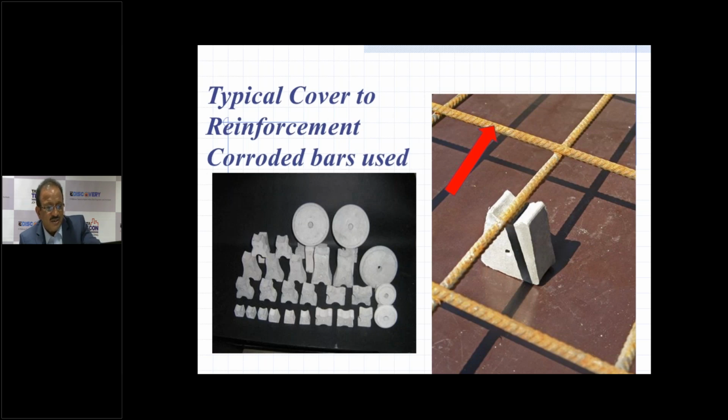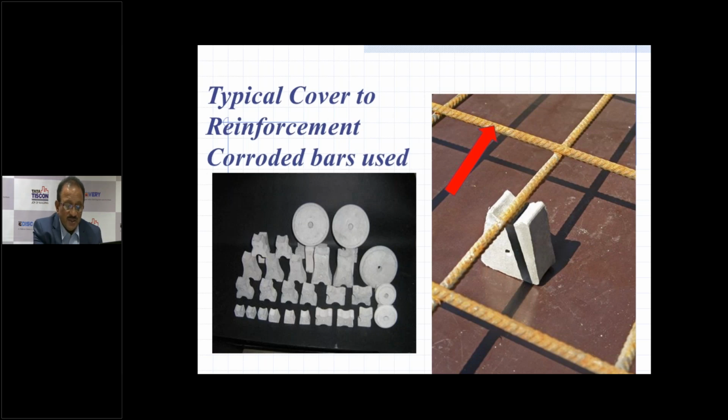You can see this small saddle also, which is provided, on which this bar rests, and the base is broader as compared to the top, so it gives a kind of stability. These cover blocks don't move from the place where they are placed. But you can also see here the steel bars are corroded. It means this steel reinforcement was not stored properly at site. It has already caught some rust. So this should not happen.